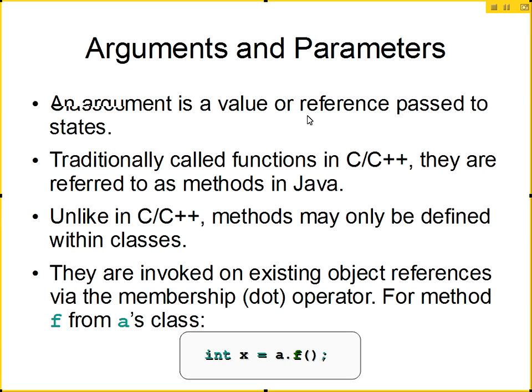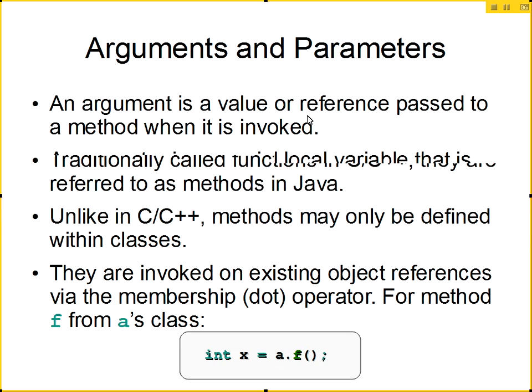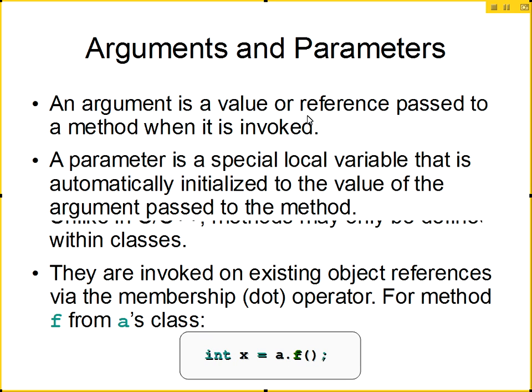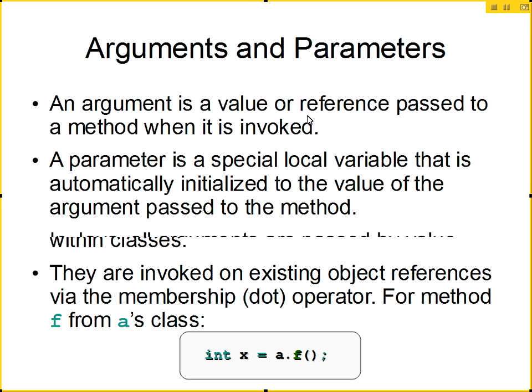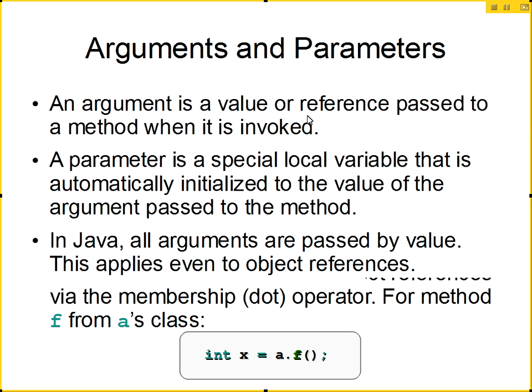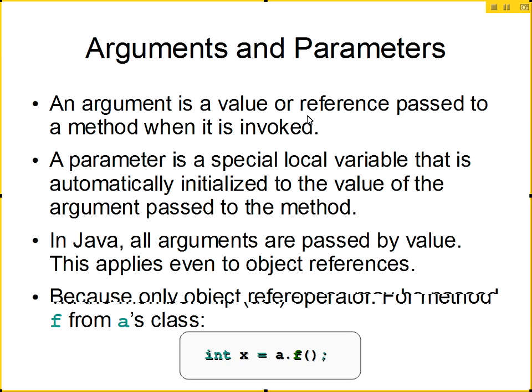When you call a method in the client code, what's being passed in is the argument. When you define a new method, that list of one or zero or more items are parameters. So when you make the call, it's an argument. When you make the definition of the method, they're the parameters inside the parentheses.